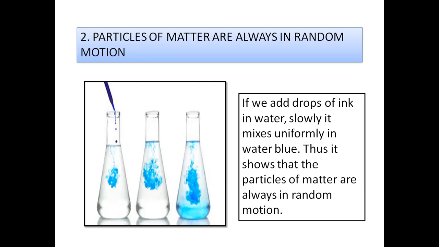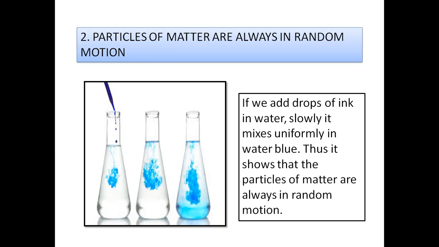We observe that after some time the molecules of ink start spreading from the region where the concentration of the ink was more to the region where the concentration of the ink is less. It is a kind of phenomenon of diffusion also.